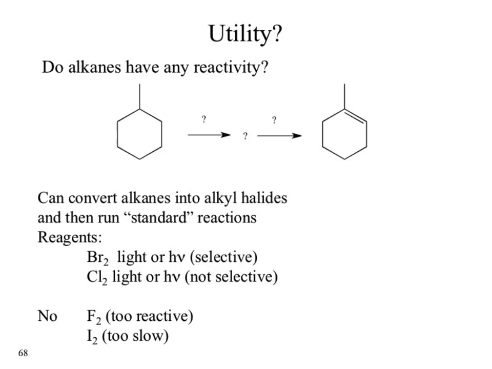If I do it with chlorine, it also reacts. Awesome. But chlorine can't stabilize the radical as well as bromine. Why not? It's not as large. So because it can't stabilize the radical quite as well, it now becomes more reactive. So what is it going to react with? Everything it can.